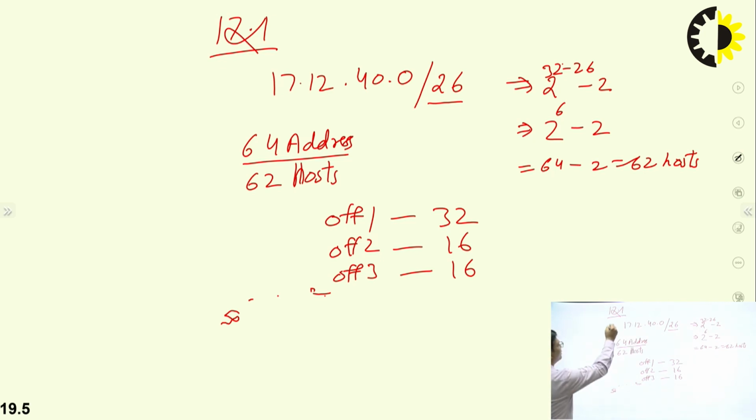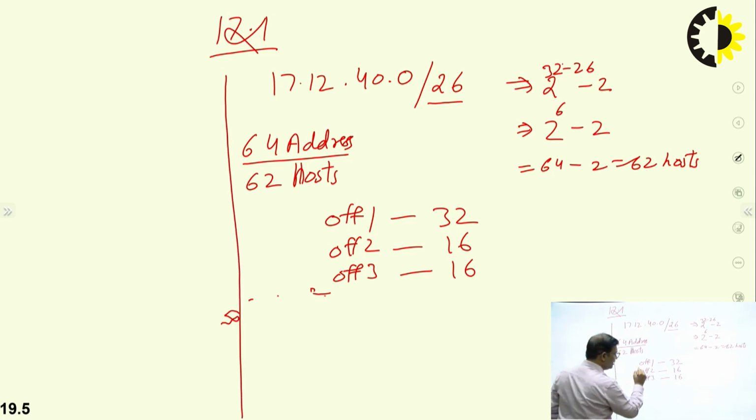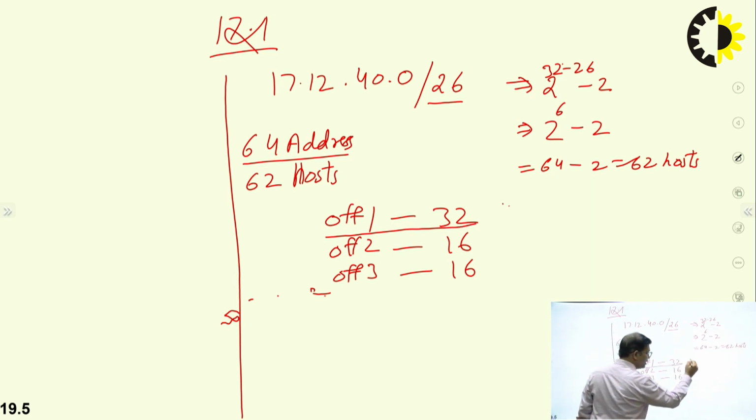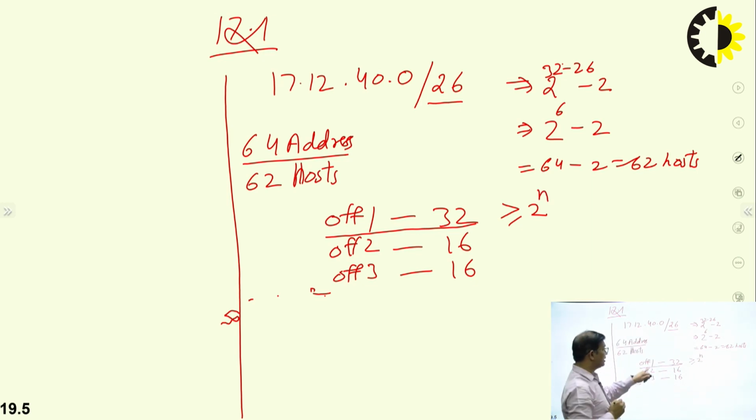So how can we solve it? Take the number of addresses and convert it into 2 to the power n. Because these are addresses, not hosts, we cannot subtract 2.